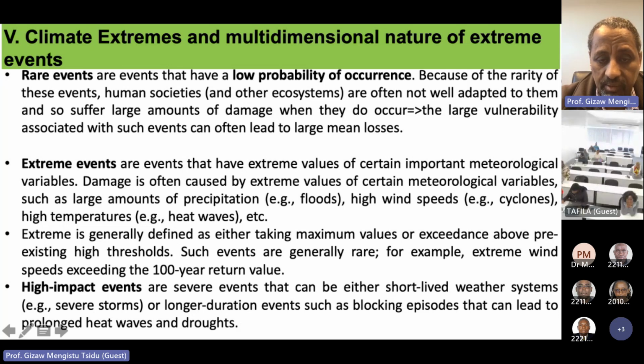In this category, we talk about floods, high wind speed, for instance cyclones, and heat waves. These come under extreme events. High impact events are mostly in terms of economy. Here we can look at drought, heat waves, and so on. So these are the terminologies that people use when they talk about extreme events.